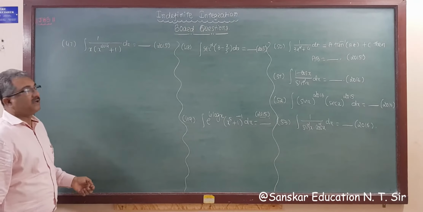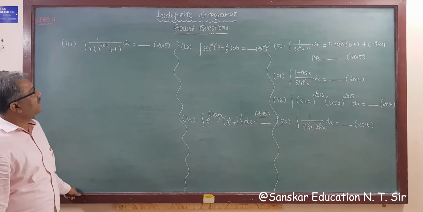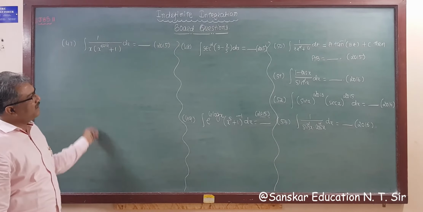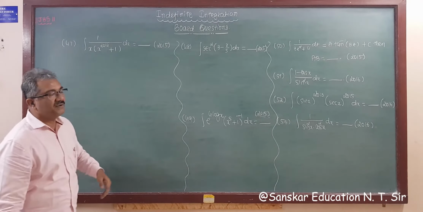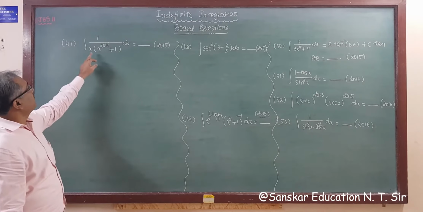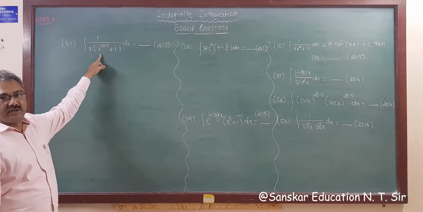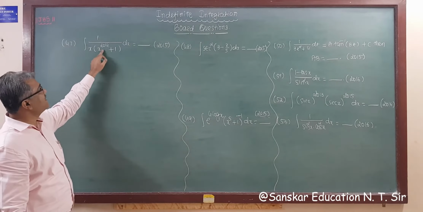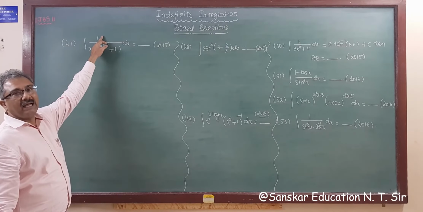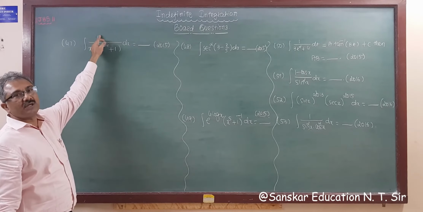Okay. Question number 47 is a question from 2015. I think all of them are from 2015 and a few are from 2016. So this is x raised to 2014. If we differentiate this, the derivative is 2014 x raised to 2013, but there is no x raised to 2013.